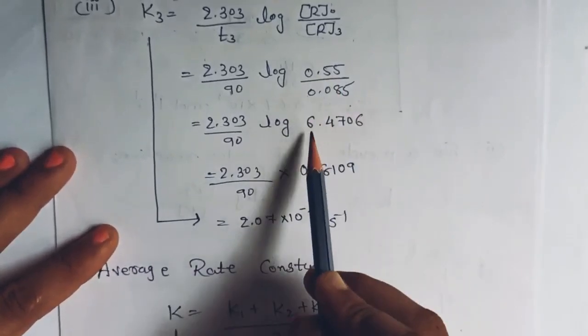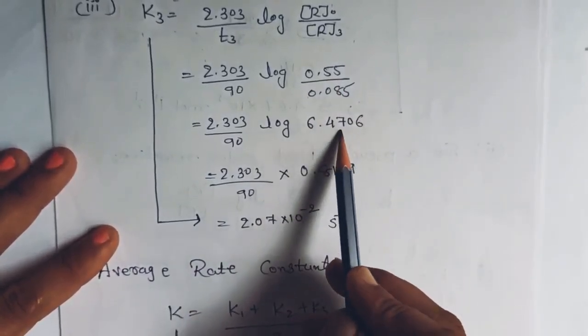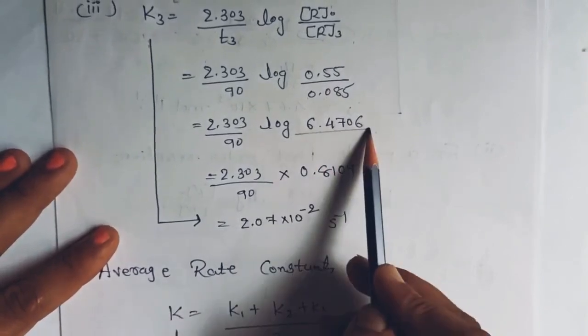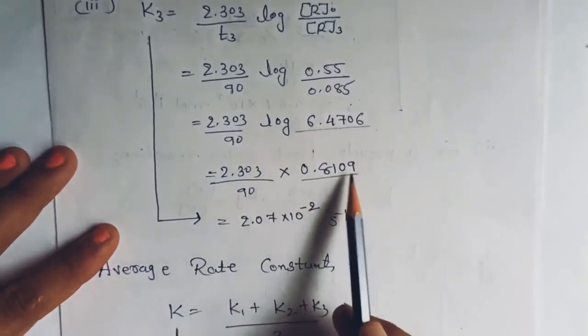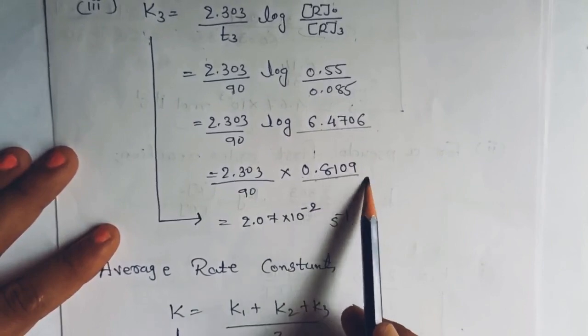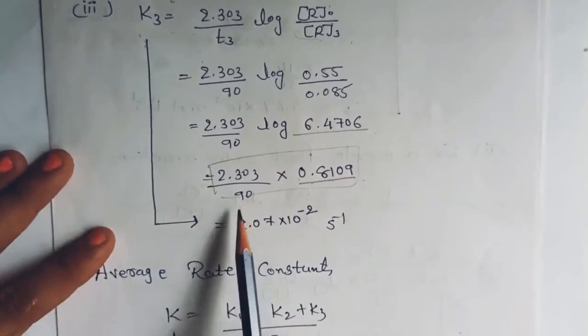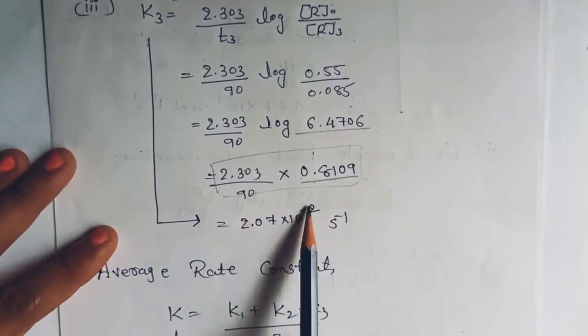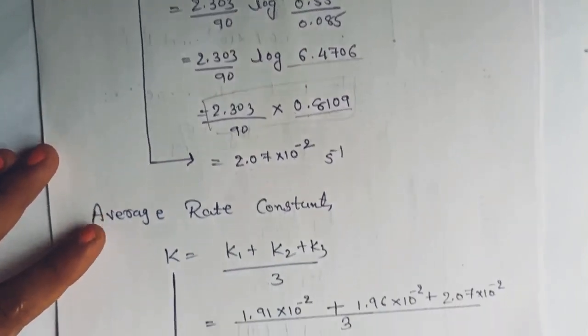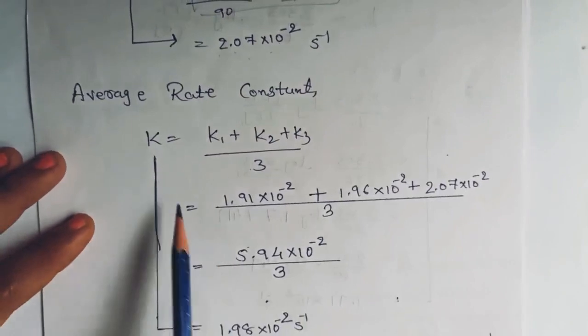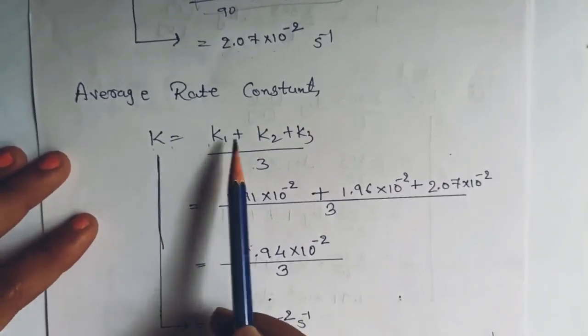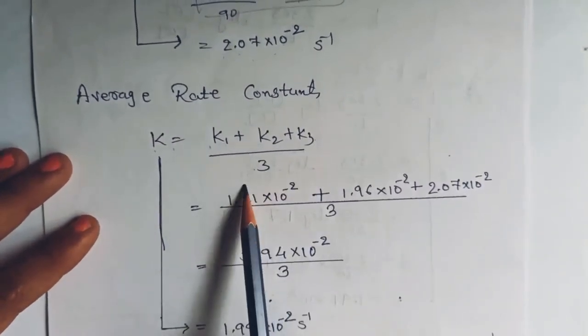If you divide, you will get 6.4706, and if you take the log of this term, you will get 0.8109, and you have to simplify that, you will get K3 equal to 2.07 into 10 to the power minus 2, right?